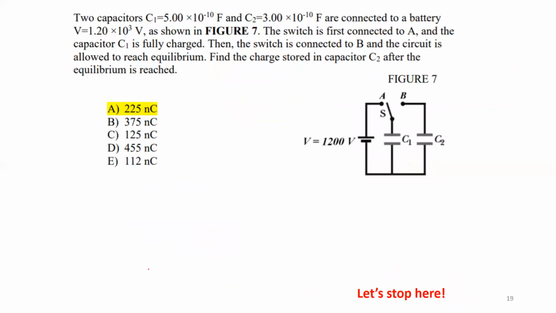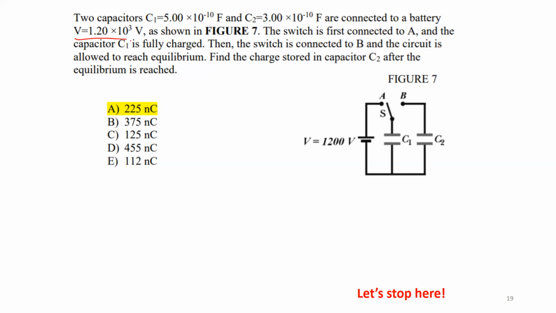That's it. Let's stop here. So this is also a very interesting problem. We can solve it now, or we can wait. Let me solve it very quickly. So what do we have here? So we have two capacitors, C1 and C2, and they are given here, that are connected to a battery.